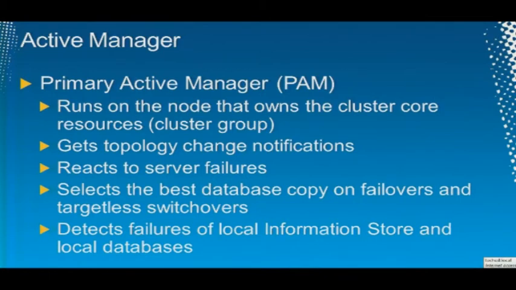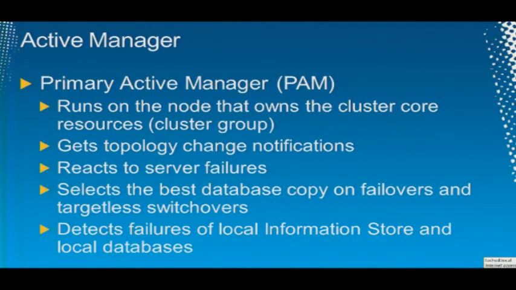Remember, switchover is an administrator manually moving the database somewhere else. The administrator has the option of doing what we call a targetless switchover. In other words, the administrator can say, switch over this database, but Exchange, or Active Manager, you pick the best copy. I'm not going to tell you what server to switch over to. I certainly have that option. I can specify a server, but I also can say, system, you figure it out for me, choose the best copy, and just switch it over. That's what we call a targetless switchover.